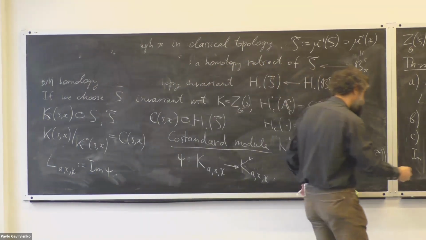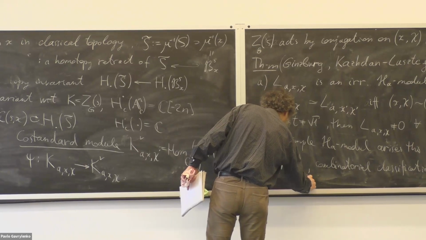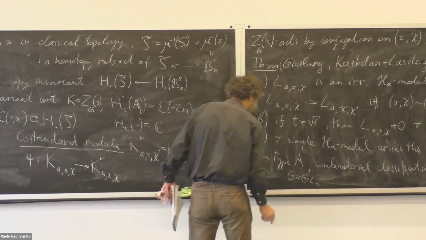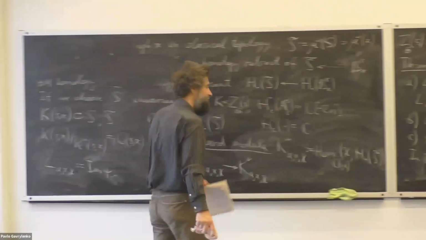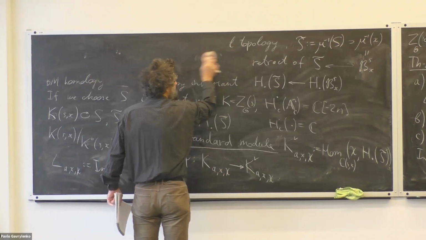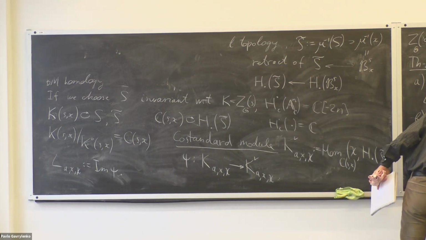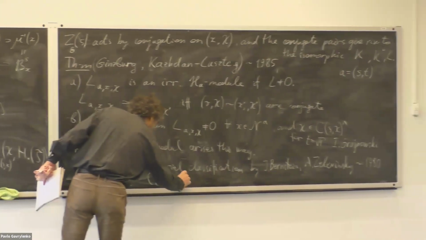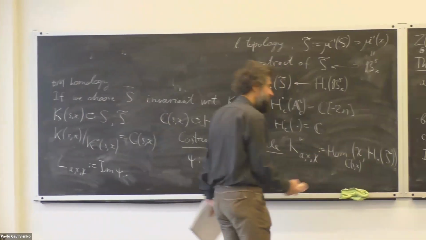Maybe I should be more careful. In type A, I mean for G equals GLN. If G is SLN, then it's harder. But for GLN, all the component groups are trivial, and so, as you see, the combinatorics is simpler.